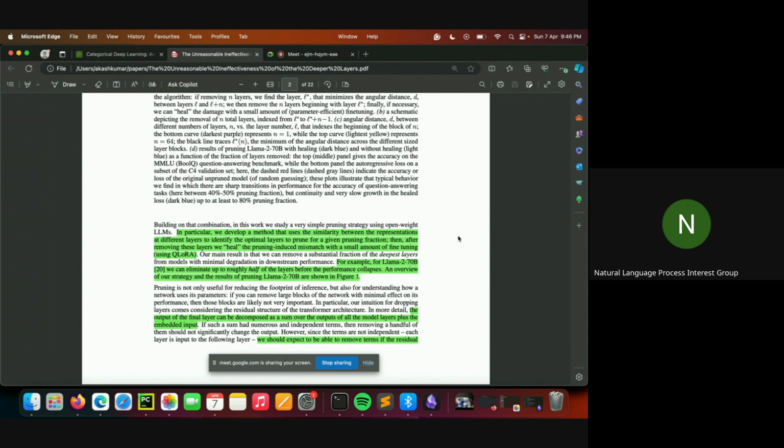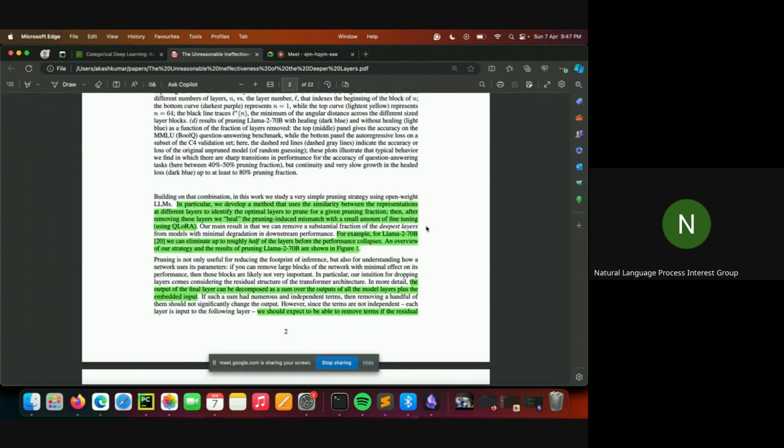But the idea here is to find layers which are very close to each other in representation, and remove those layers based on certain criteria. And once they remove those layers following a particular criteria, they have to heal the pruning induced mismatch with a small amount of fine tuning using QLoRA.